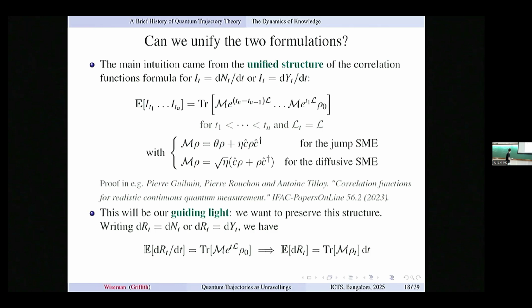Okay. And maybe I'll write this down because it's an important formula for the rest. Okay, and I'm taking time as implicit. Great, so we want to conserve this. We want to define the M in such a way that this is true.